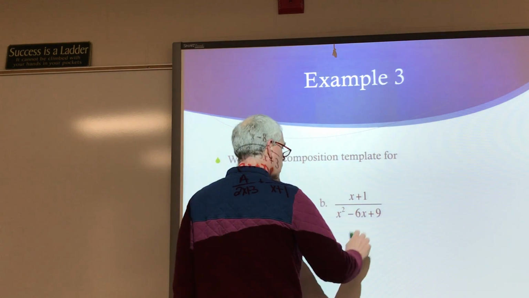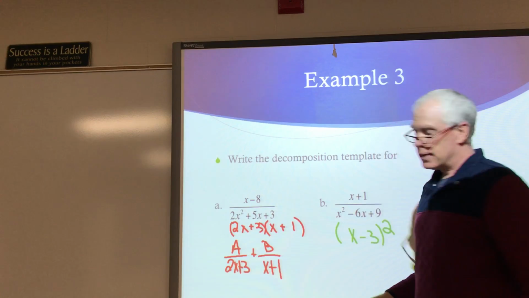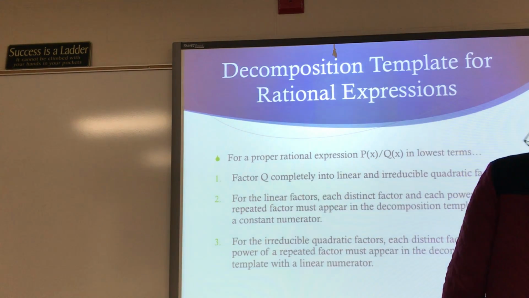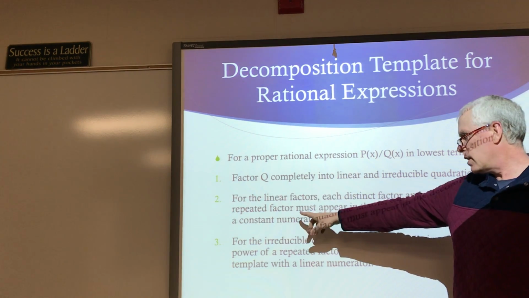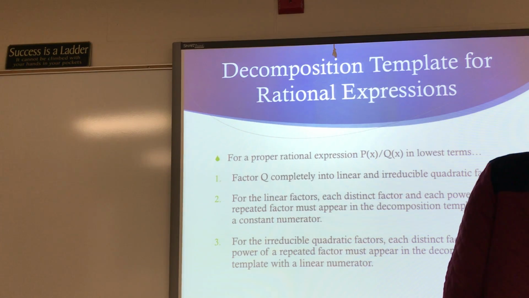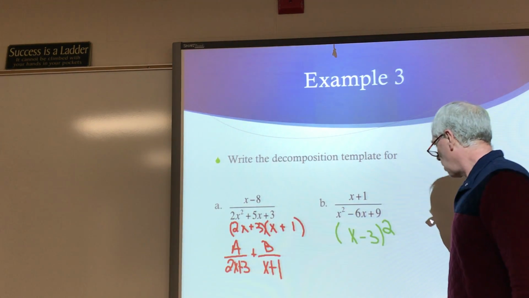For this one, the bottom factor is 2x minus 3 quantity squared. Well, it says on the previous page, let's go back here, each distinct factor and each power of a repeated factor must appear in the decomposition template, okay? Well, that's important. This one has a power of 2, which means I need 2 different fractions.